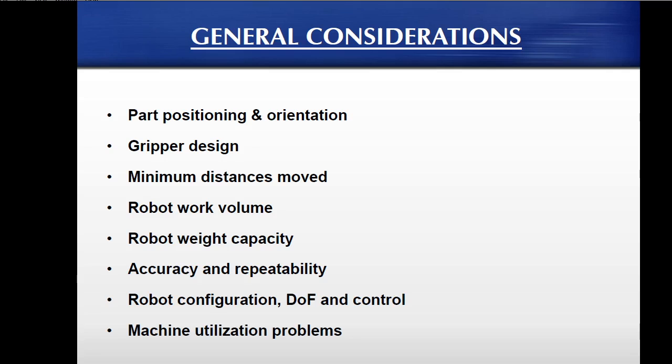The last one is machine utilization problems: when we are going to use this, what are the limitations that are going to happen, and in the long run, what type of deterioration will be happening on the robots.